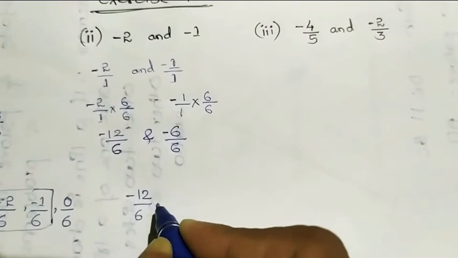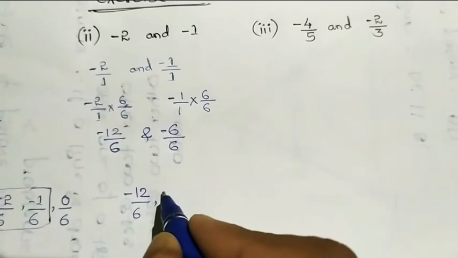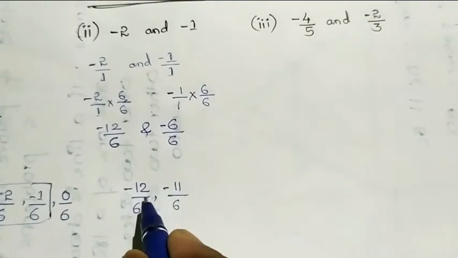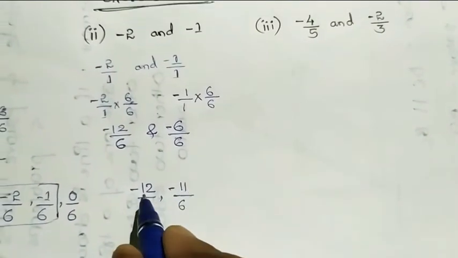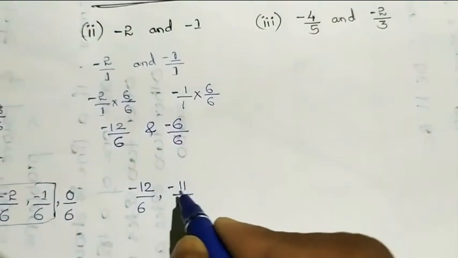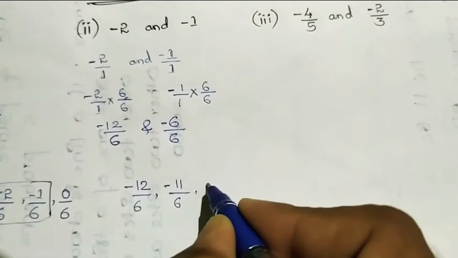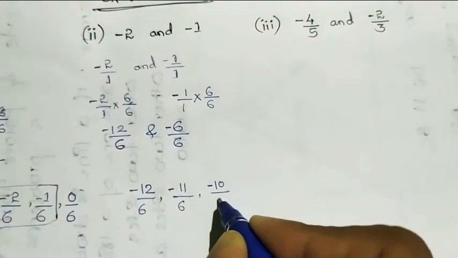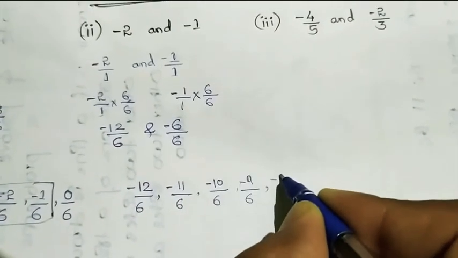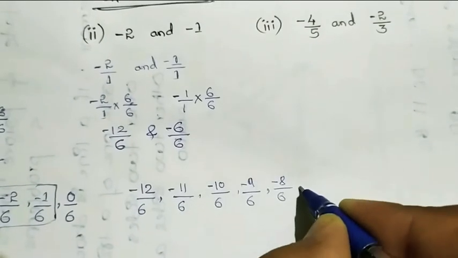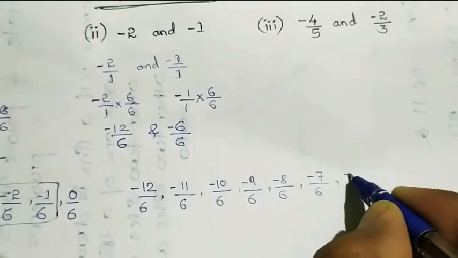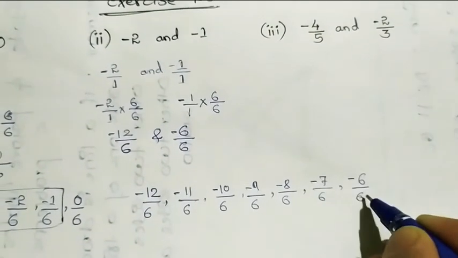-12 by 6 is there, go with the number after it. -12 then what will you get? -11 by 6. See, it is a negative number, so I am going in reverse order. If it is positive, I will go with the forward numbers. Okay, -11, next -10, -9 by 6, -8 by 6, next -7 by 6, and again we will get -6 by 6, which is our -1.